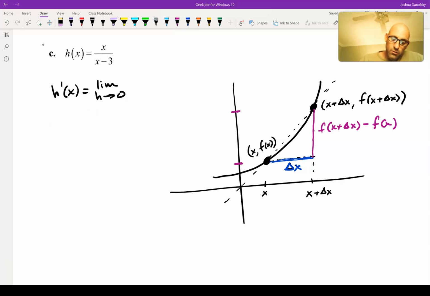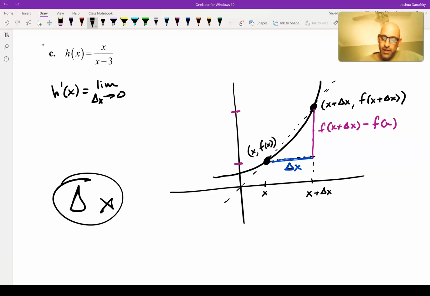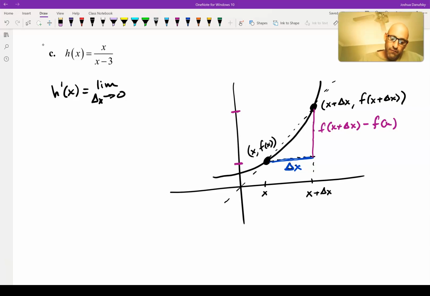So we're going to go ahead and do h prime this time. Instead of h going to 0, we're going to write delta x is going to 0. And I know it's tempting to think of delta and x as 2 separate variables or 2 separate items, but we're not. We're thinking of it as all one thing. It's change in x. Let me write that a little neater. So we have delta x approaching 0 here, and we're going to get delta x in the bottom instead of h, right?